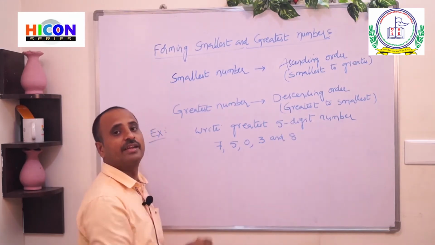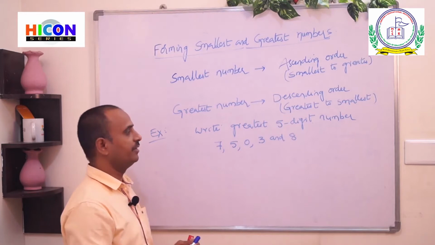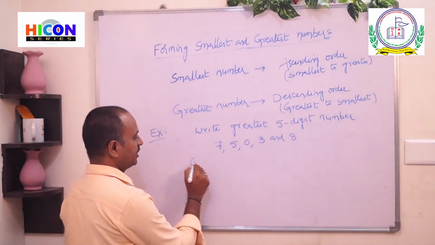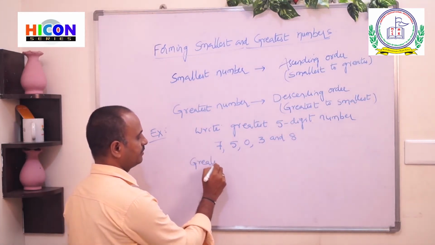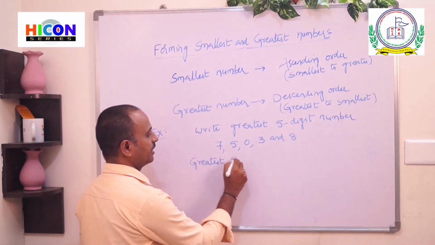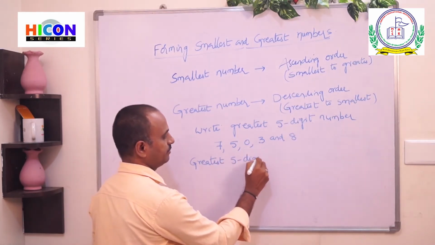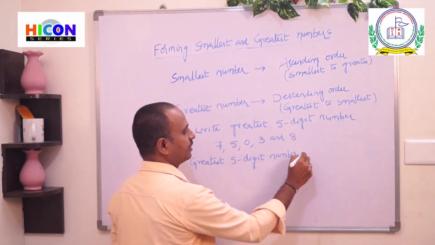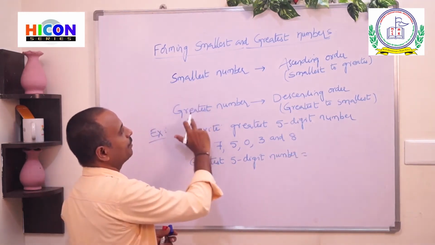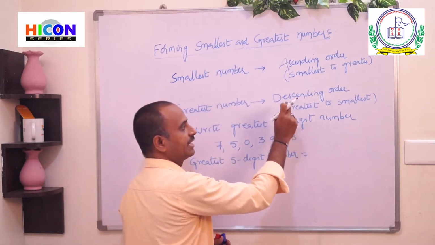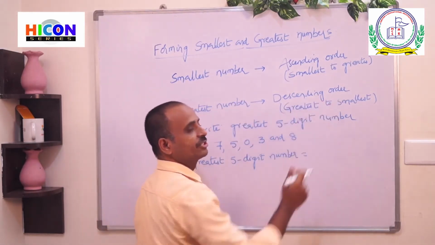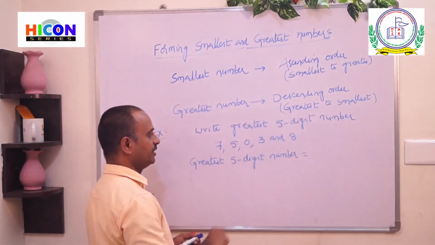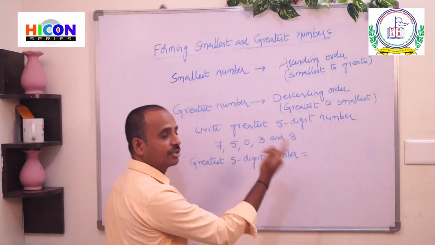The greatest number can be obtained by arranging the given digits from greatest to smallest. Now arrange these digits from greatest to smallest.